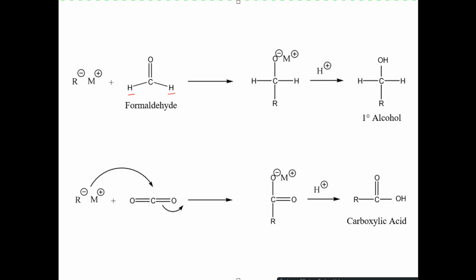And so again, the R minus would come in, attack the carbonyl, and now I would add my alkyl group to my carbon that now has two H's on it, and then when I add my H plus, I end up forming the primary alcohol. So in each one of these reactions, by using a ketone, an aldehyde, or formaldehyde, I can form a primary, secondary, or tertiary alcohol.